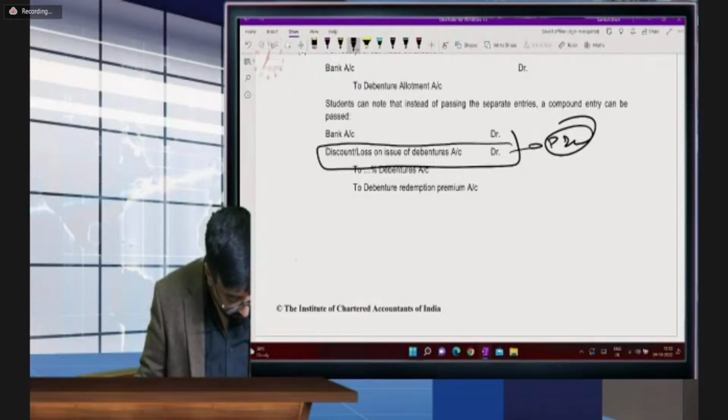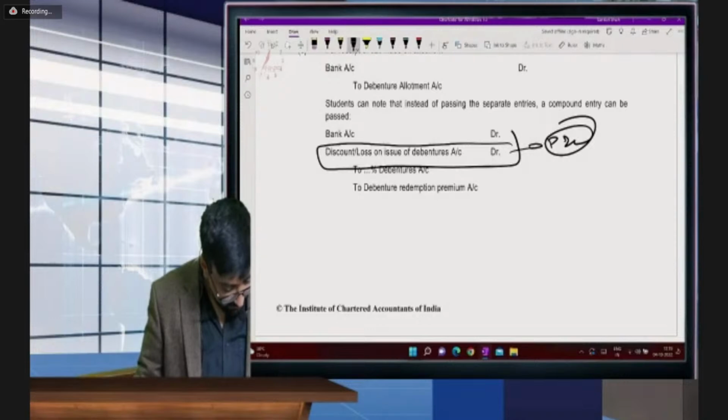Who wrote the correct answer? No one. Asha. Asha has written correct answer. आशा ने बराबर लिखा था.